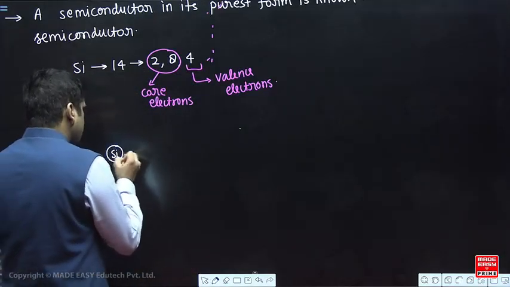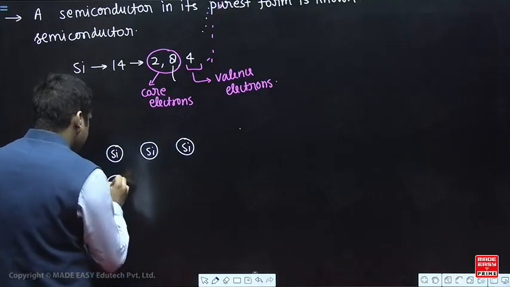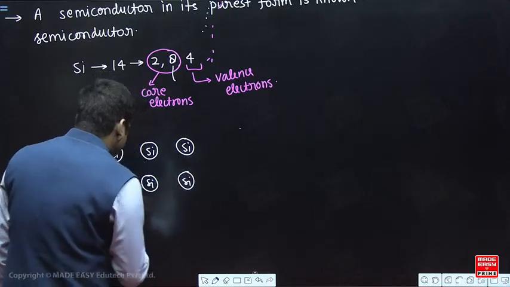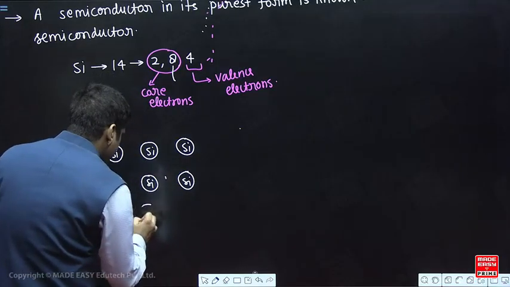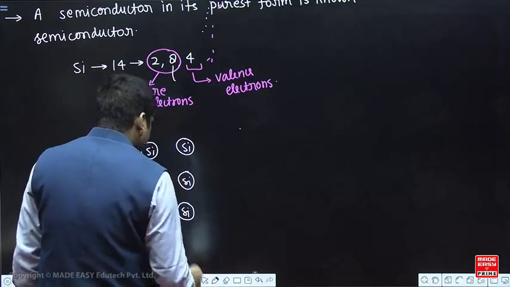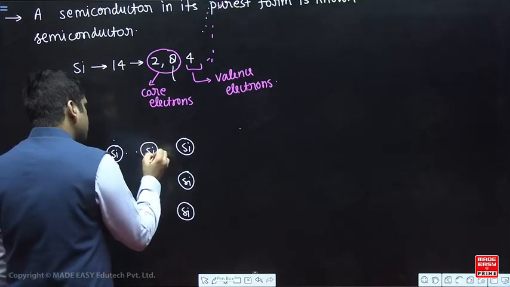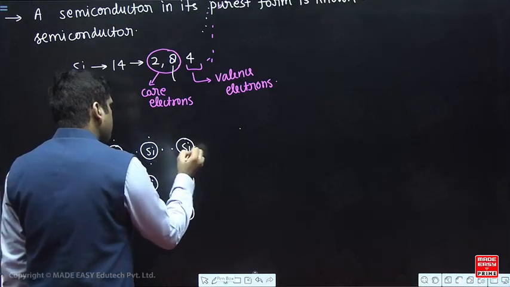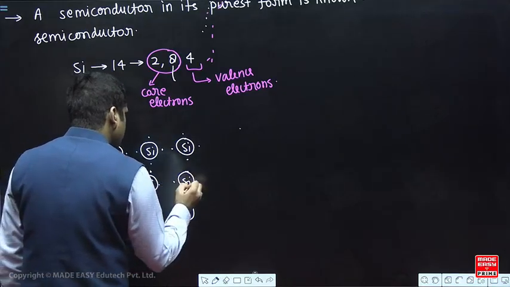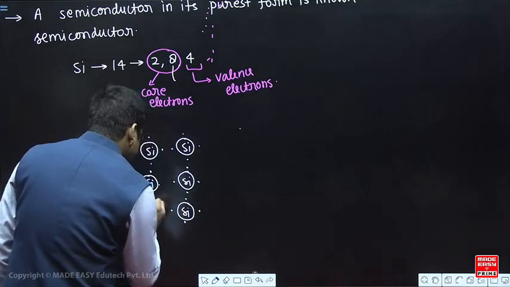These are the silicon atoms, all coming closer to make solid. All of them have 4 valence electrons.